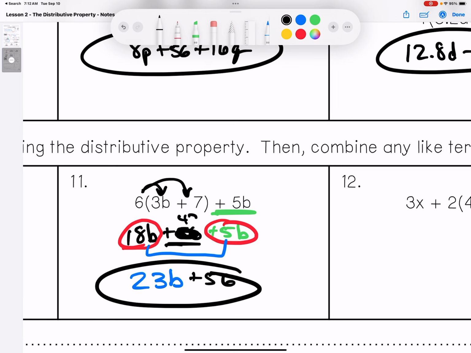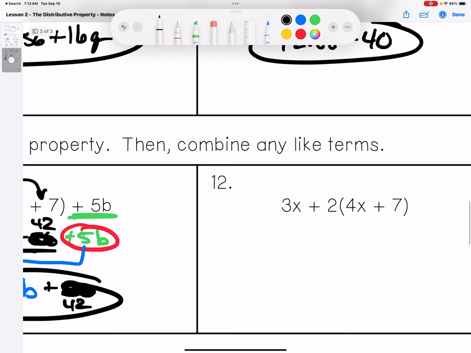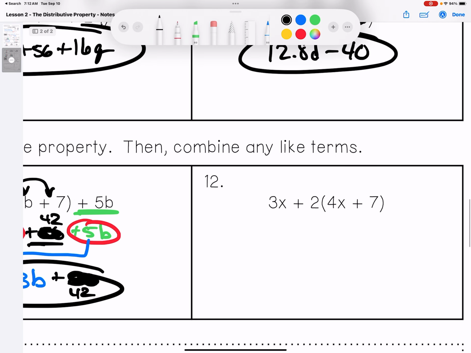Gosh almighty, Coach Spartman, that's 42. Look, I'm an idiot. Y'all been thinking that the whole time and nobody said anything. All right, so it's 23b plus 42. I told y'all everybody makes math mistakes. I done told you.